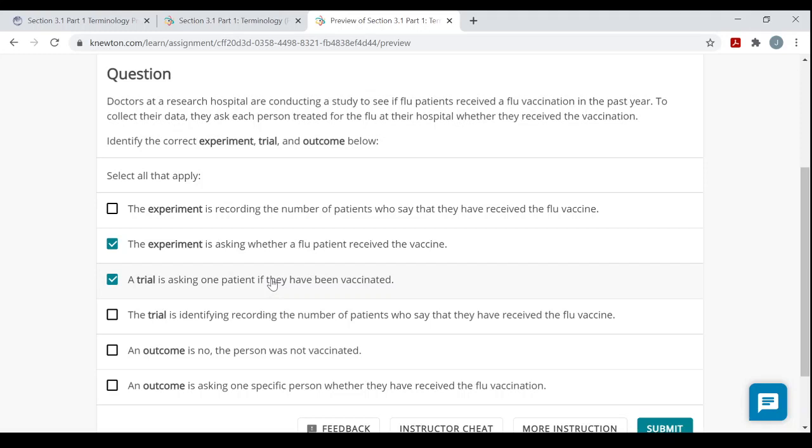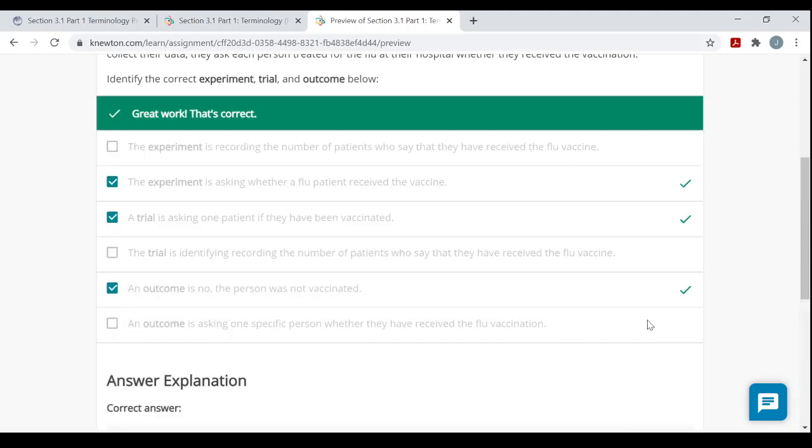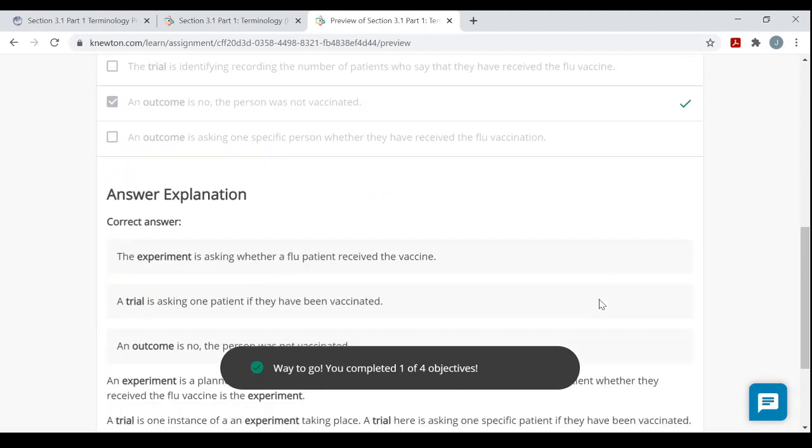And then an outcome would be either yes or no, right? All the outcomes are just simply yes or no when they're being asked. Okay, so done with that one.